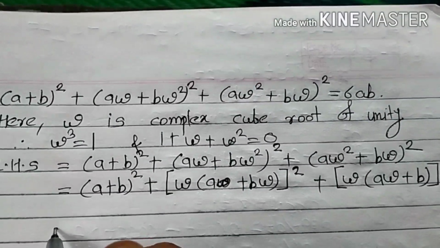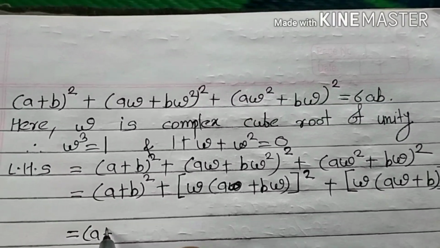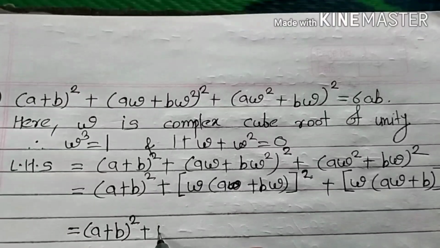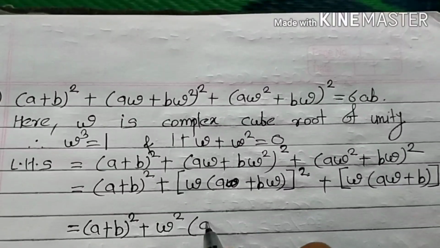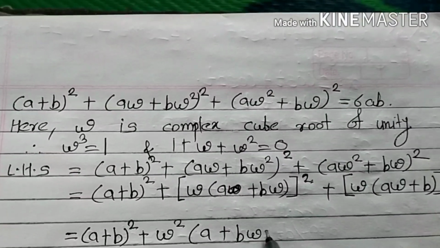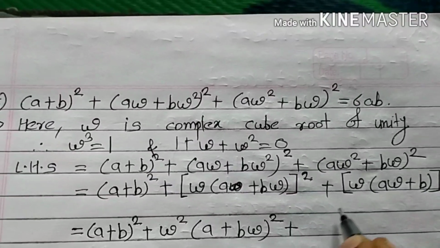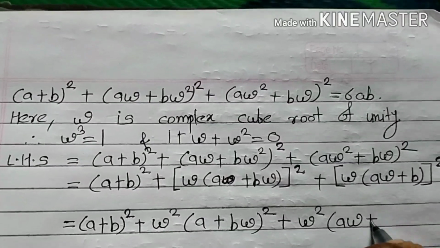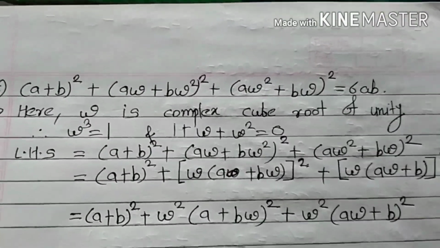Okay. Now in the next step, (a plus b) whole square plus (a plus b omega) whole square plus (a omega plus b) whole square.